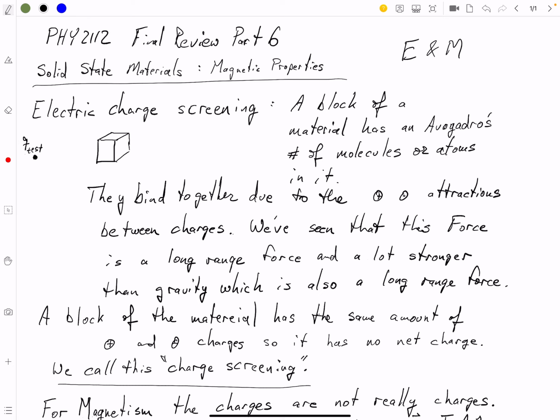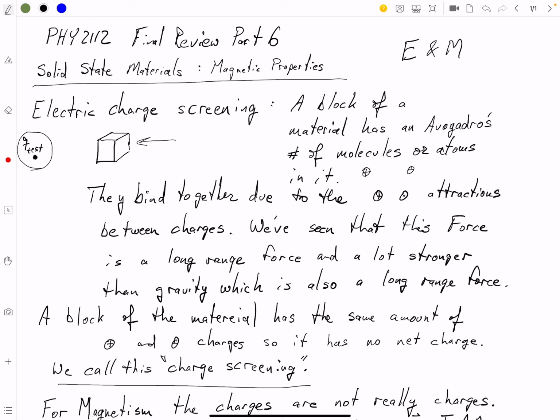So let's say we've got a block of some material. There's an Avogadro's number of atoms in it, which means there's an Avogadro's number of positive charges and negative charges. But those positive and negative charges, there's an equal amount. So on the whole, when we look at what the electric field is at the point of this Q, this test charge, it doesn't see anything. It sees no charges, even though there's an Avogadro's number of charges over there.